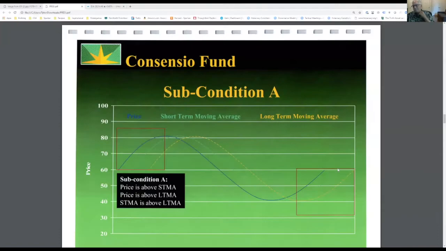All right. What we're going to look at today are, in this particular case, only two moving averages and price. Now, I've shown this before. We did an entire vlog on it, but I want to go through it very quickly to show you why I came up with this thing called Consensio.